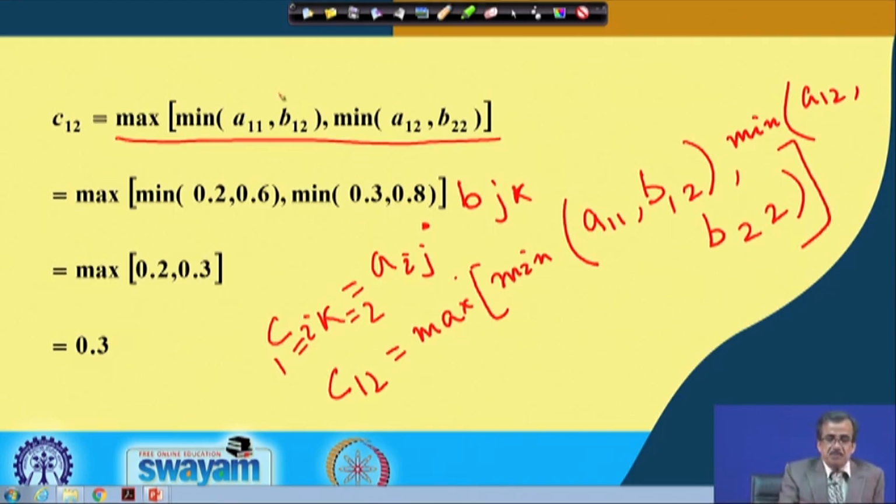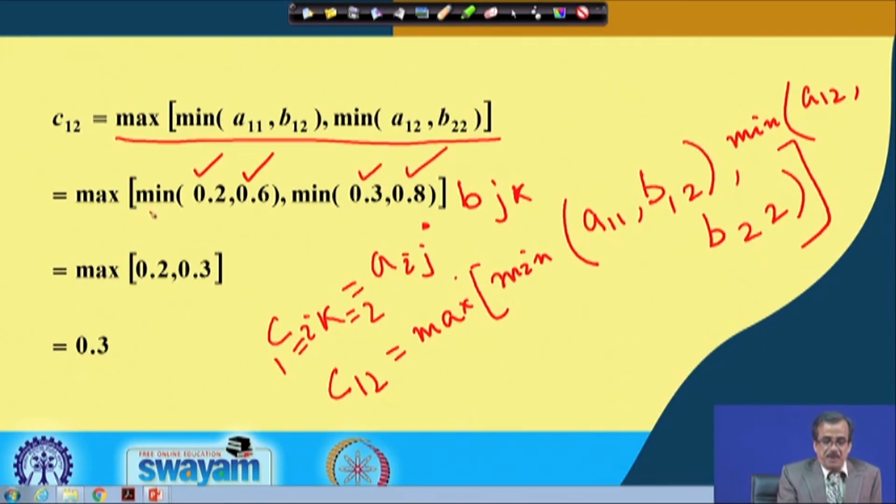Now, if you just put the numerical values, A11, first row first column, is 0.2, B12, first row second column, is 0.6, A12 is 0.3 and B22 is 0.8.